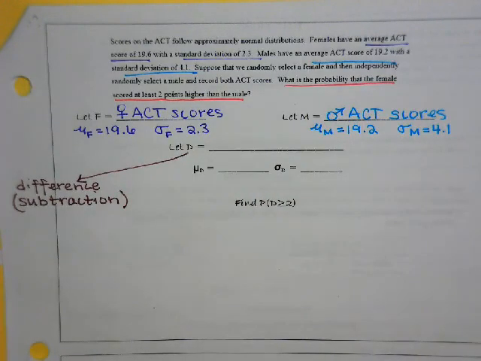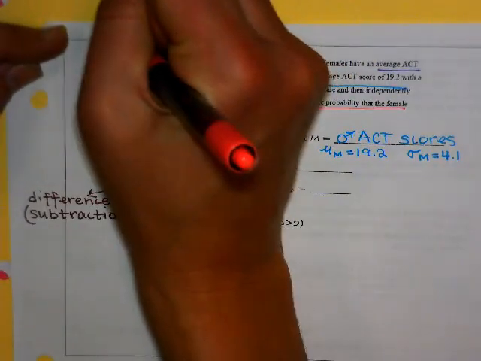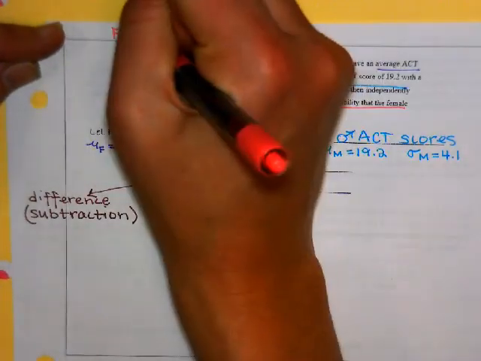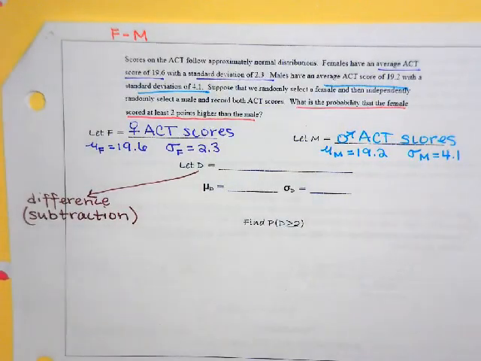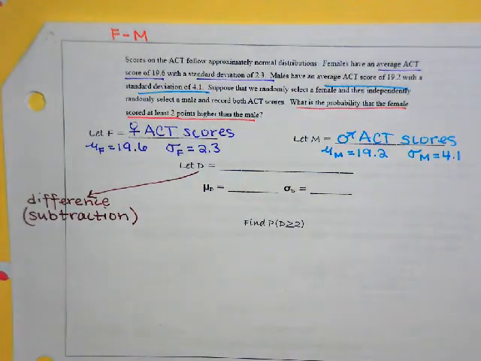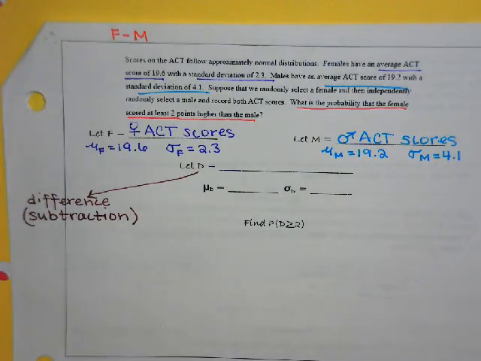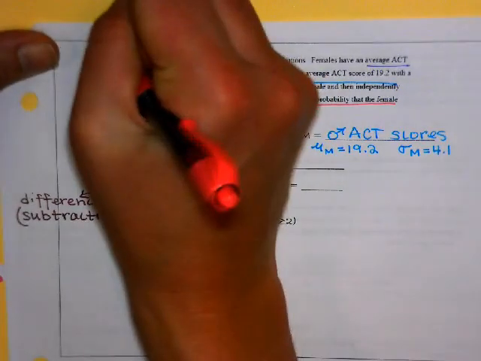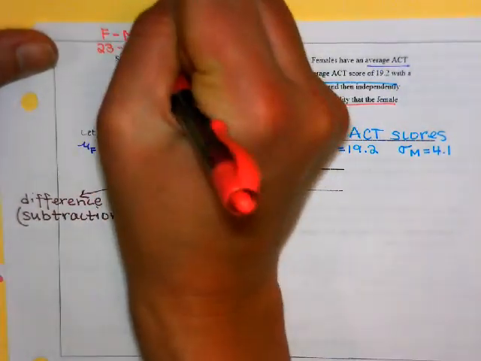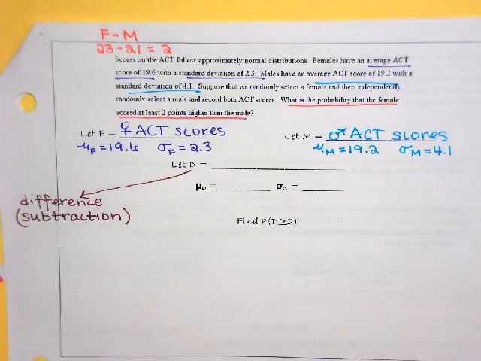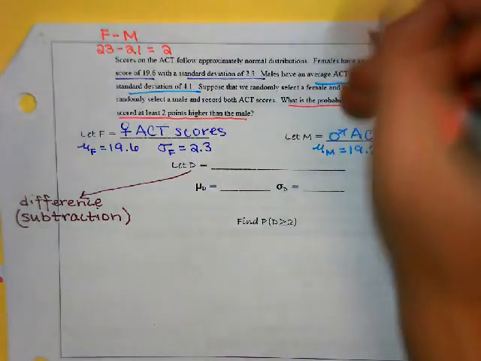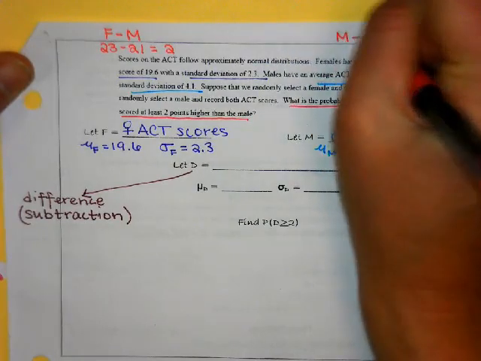So if I do female minus male, and I'm just going to pick two random numbers to show this point more tangibly, not so abstract. Let's say the female got a 23 and the male got a 21. When I subtract, I'm working with positive numbers. If I do it the other way, male minus female, and the male got a 21 and the female got a 23, I can still find the probability the female gets a score 2 points or higher.